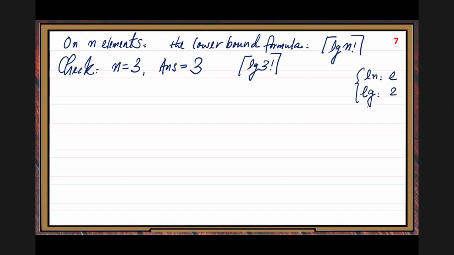But this is the CS way, in a CS context. In a math context, lg becomes base 10. Yeah, it could be confusing.